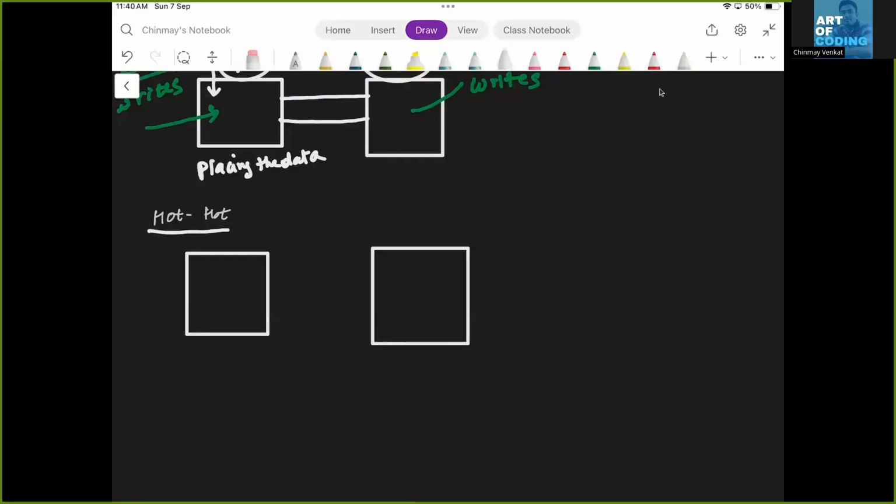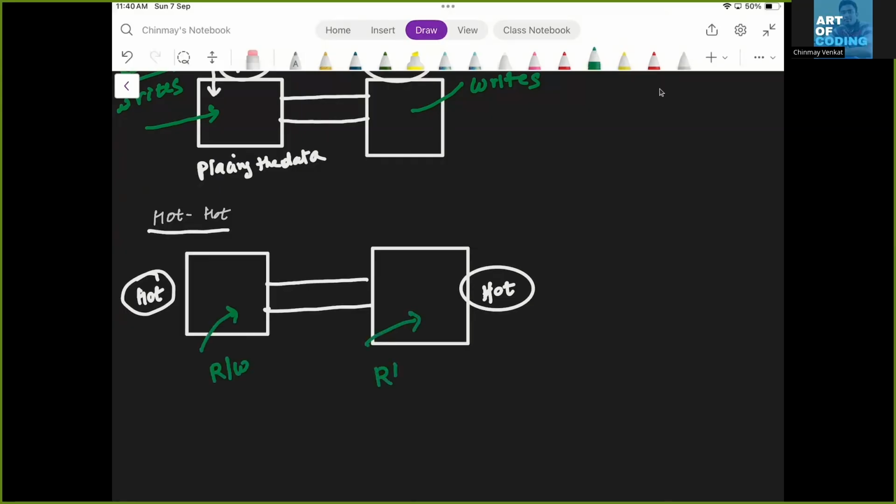Data replication will happen immediately. This means this is also in the hot state, and this is also in the hot state. Data replication will happen immediately. On this server also, reads and writes will happen, and on this server also, reads and writes happen.